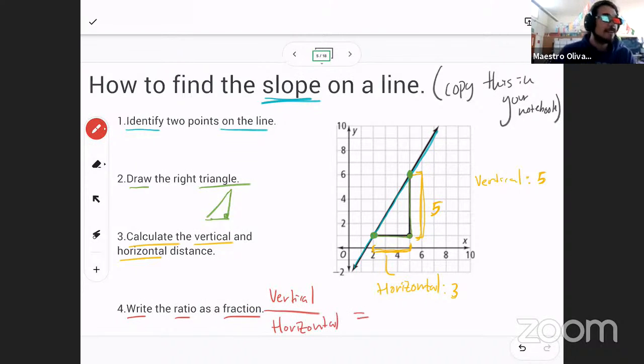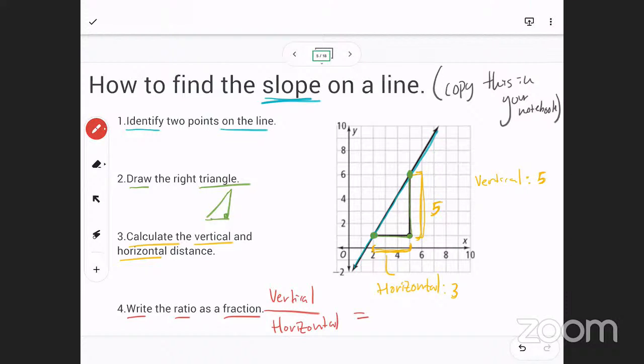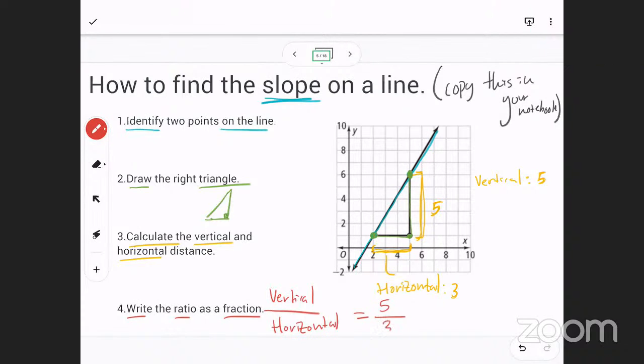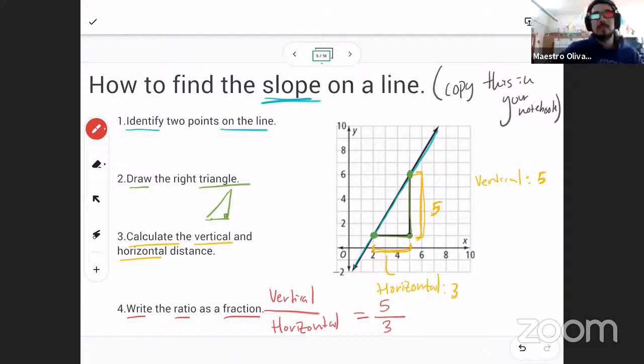It's a ratio, right? So it's a fraction. What's my vertical distance? Thank you, Angel. 5. What's my horizontal distance? 3. So, what's my slope? 5 over 3. My slope is 5 over 3.